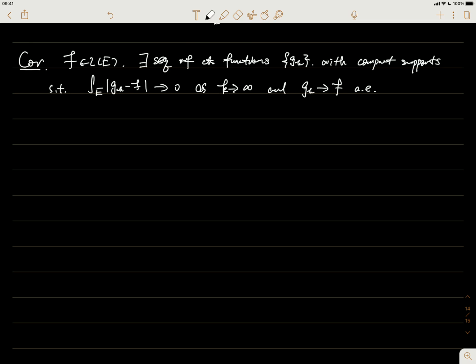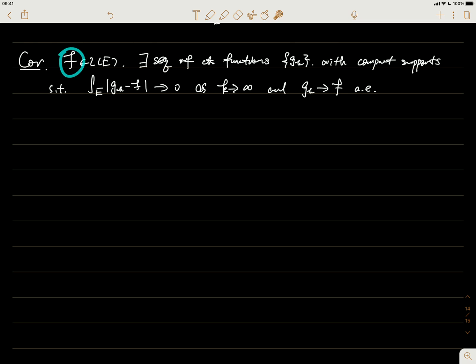Okay, so the corollary is also very important. Suppose we have an integrable function f, then we can find a sequence of continuous functions with compact supports, such that the sequence converges to f almost everywhere, and also the integral of their difference converges to 0.